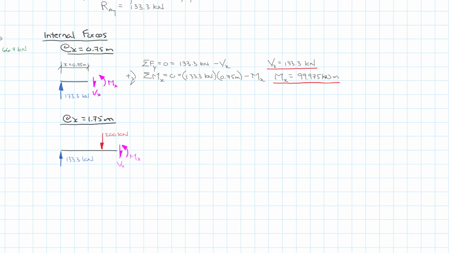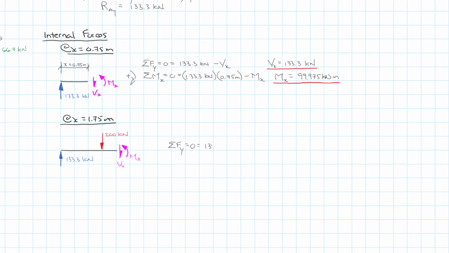Of course, we could have chosen to do it from the right-hand side, in which case we would have only had RBY. It might have been a little bit simpler, but let's keep with this. So we're going to solve for our internal forces by doing the sum of the forces in the y direction is equal to 0.